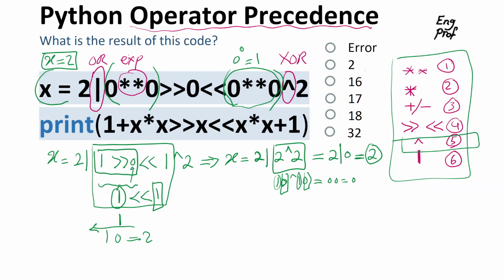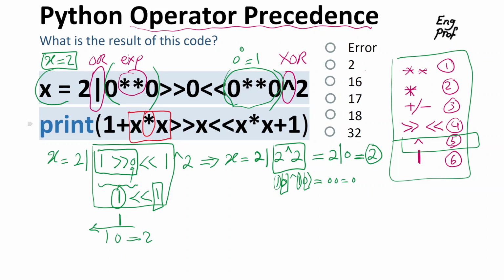I'm going to change the color. For the second line, we are printing 1 plus this whole thing. Again, same sequence as before. In this cascade of operators, multiplication has the highest precedence, so we first execute x multiplied by x, which means x squared.